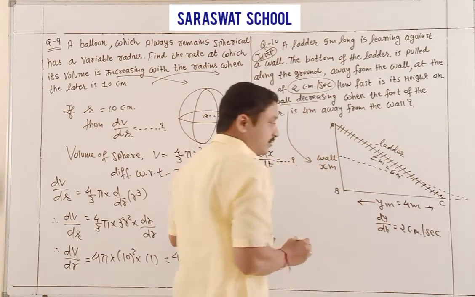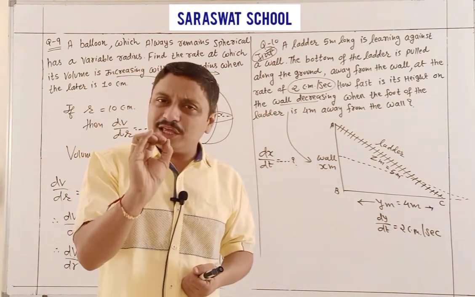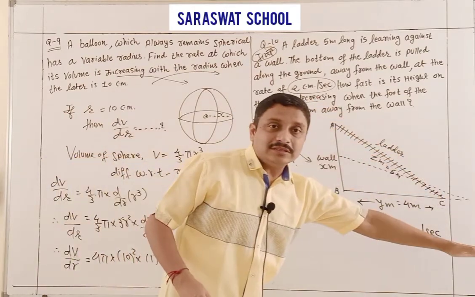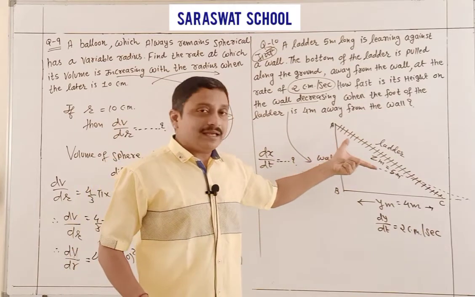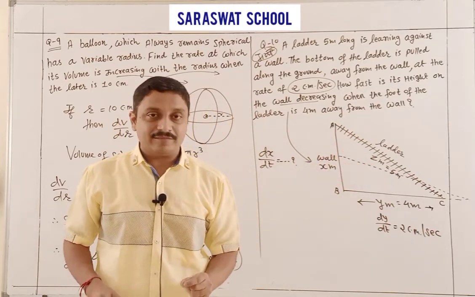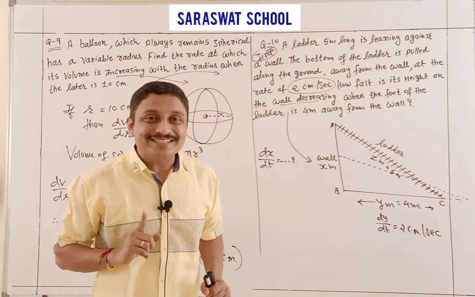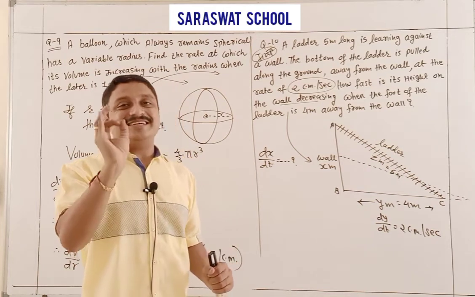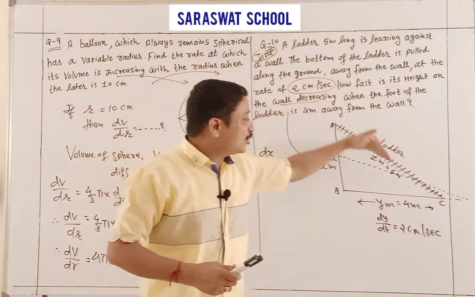This distance is given. Now students, let me ask you, think about this: if this ladder is pulled slightly away from the wall, then the AC length of the ladder, 5 meter, is it increasing or decreasing? Yes, it is the same. No increase, no decrease in the length of the ladder.